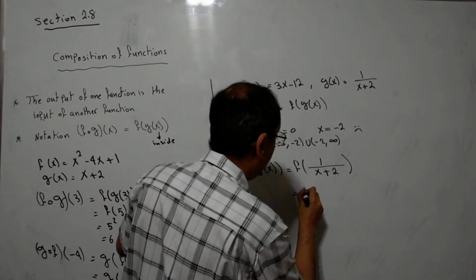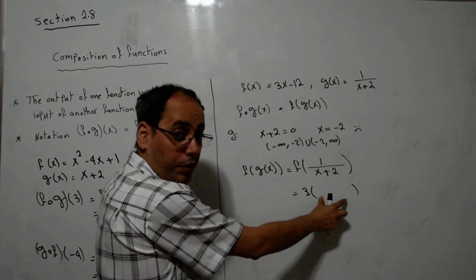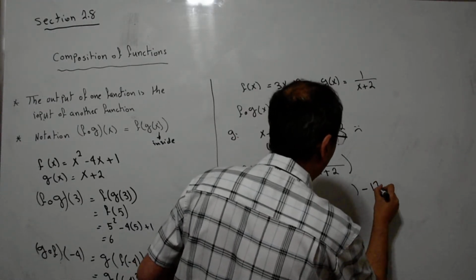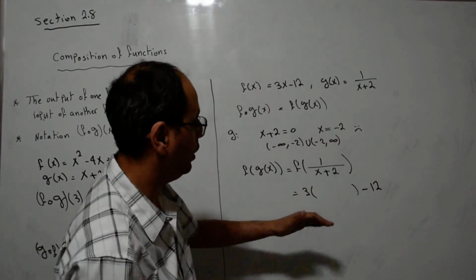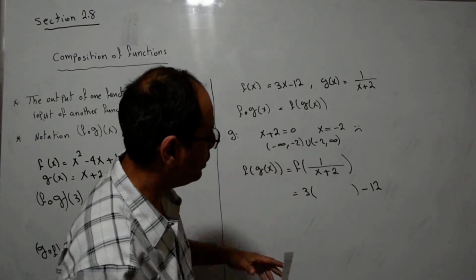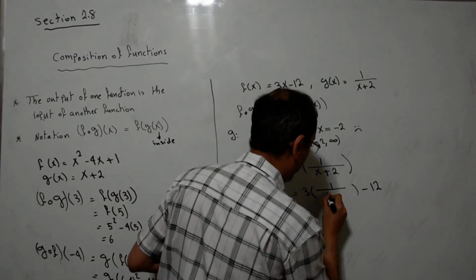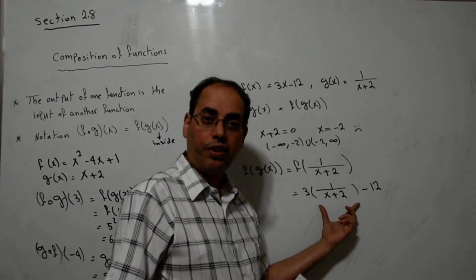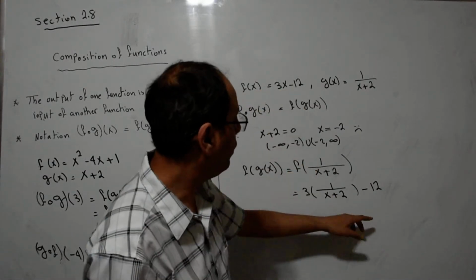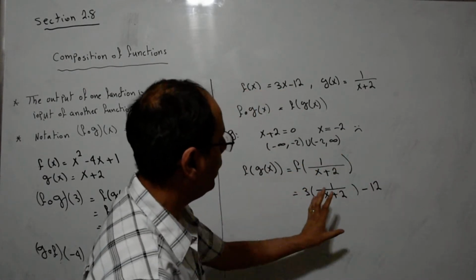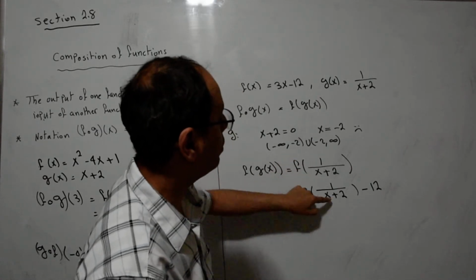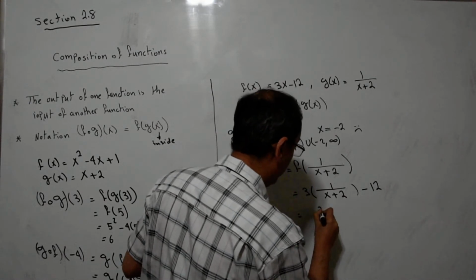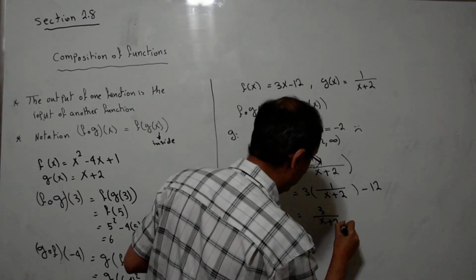So f is 3 times x, I put parentheses, minus 12. So for each x, you put a parenthesis, and then plug whatever for x here, 1 over x plus 2. Is that clear? Blank parentheses for each x, then do the whole pattern, and then plug 1 over x plus 2 in. Let's simplify that. I have 3 over x plus 2 minus 12.